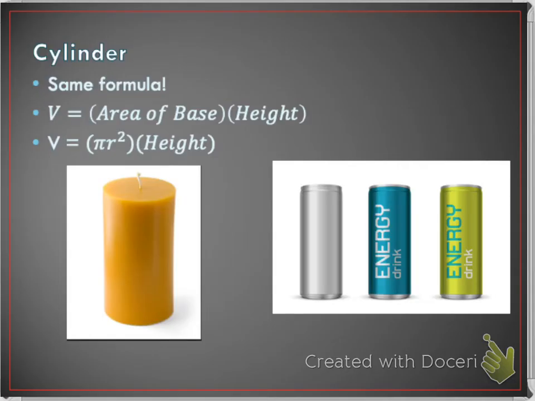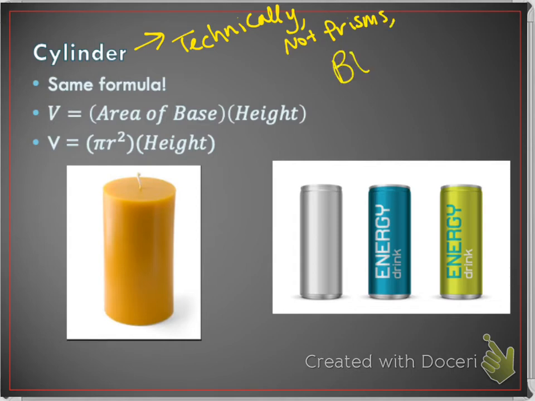That brings us to cylinders. Cylinders are technically not prisms. But it's the same formula. Think of it, prisms have two congruent, parallel bases.